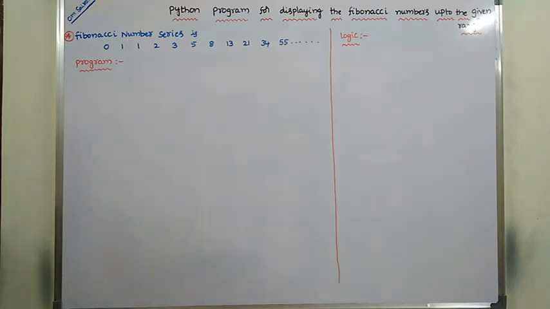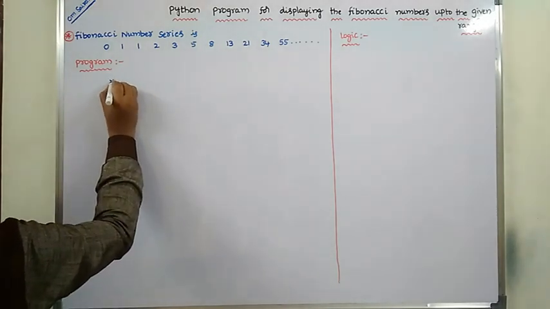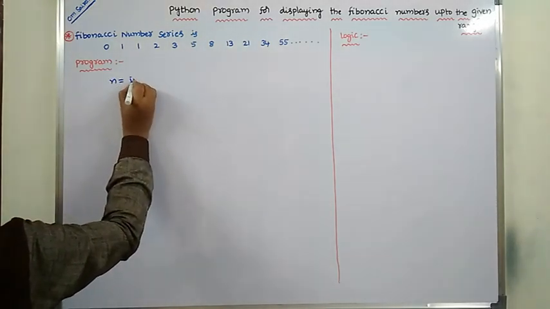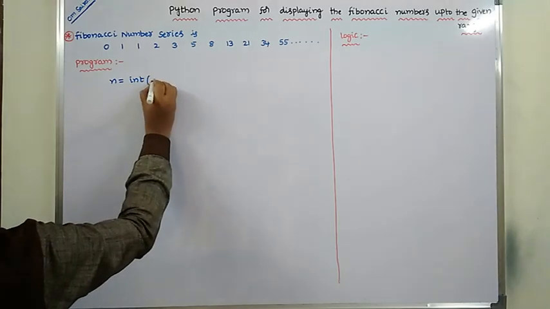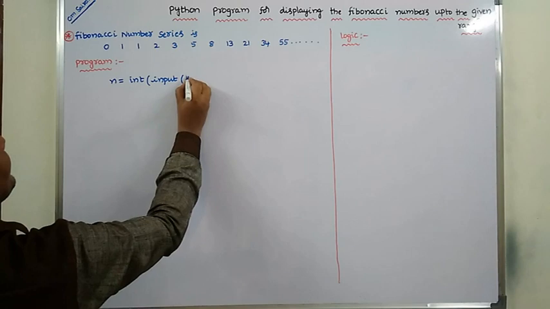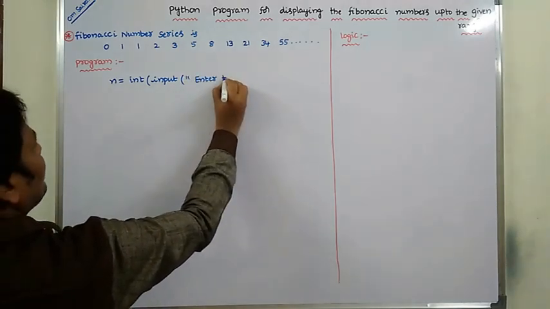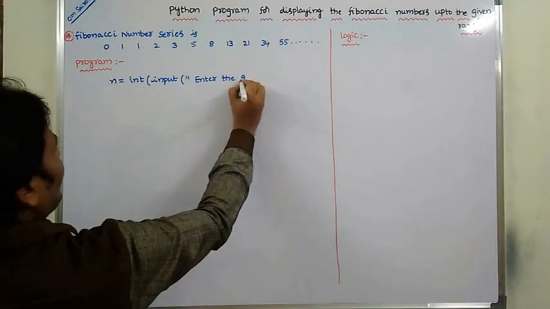Okay, so now I am going to the program. First, n is equal to int of input of "Enter the given range".